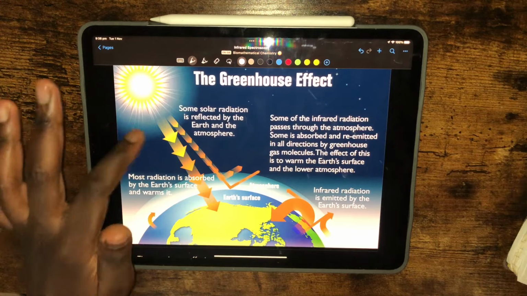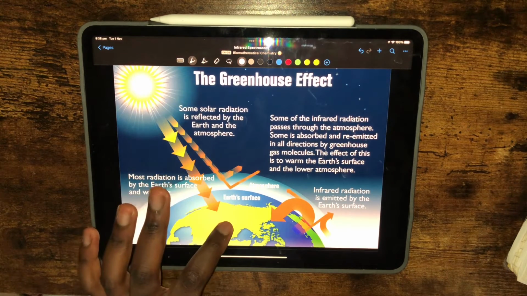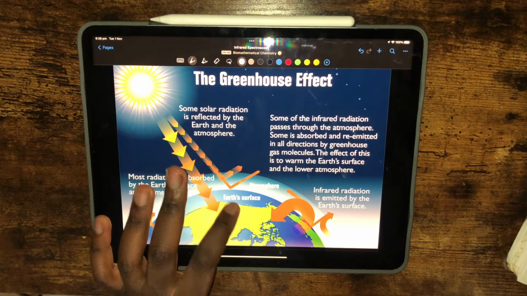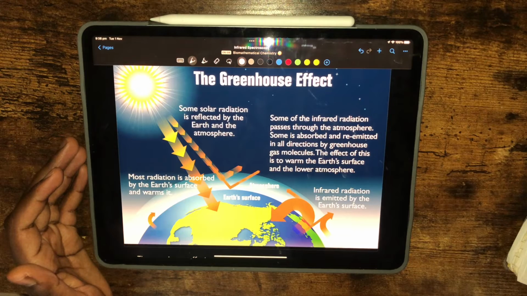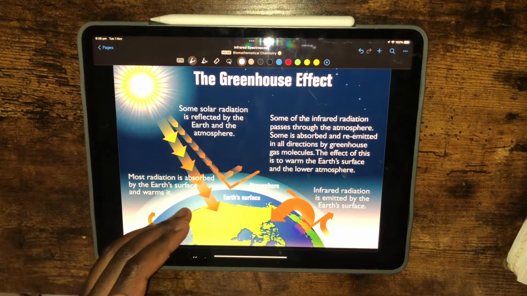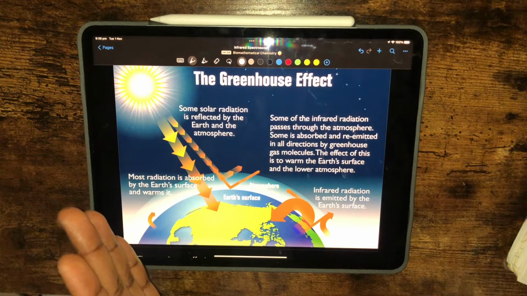But some of that infrared radiation that is absorbed by the Earth passes through the atmosphere, and some of it is absorbed and re-emitted in all directions. It's absorbed as high frequency infrared radiation and is emitted as low frequency infrared radiation.